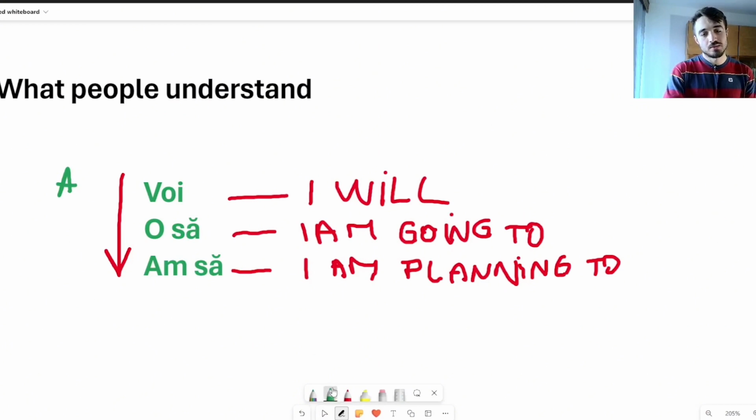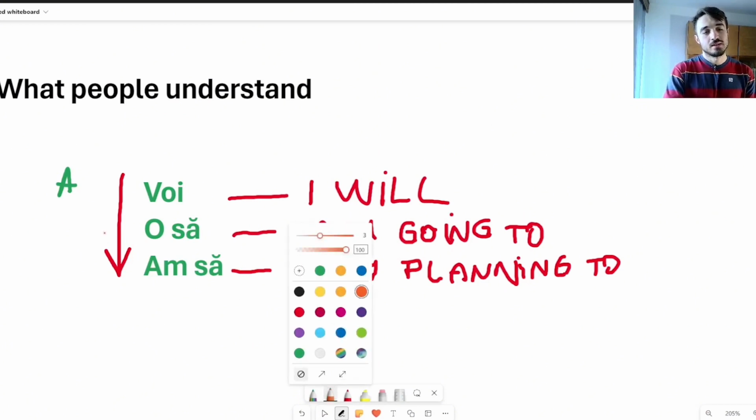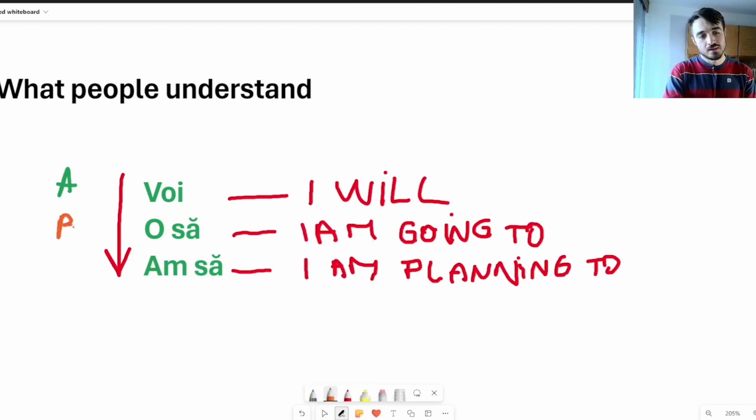Then you will want to learn the o să form when you're confident with the conjunctive in B, B1, B2, and then am să, I have to be honest with you, you will use it when you're surrounded by Romanians, when you get comfortable with many aspects of the grammar, somewhere in the C levels. So this is the way I would recommend you putting effort into learning the three of them.